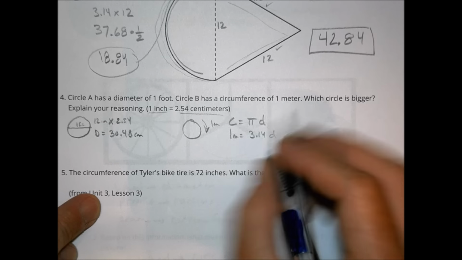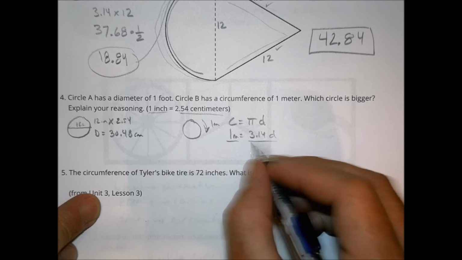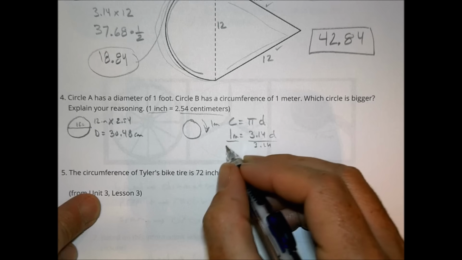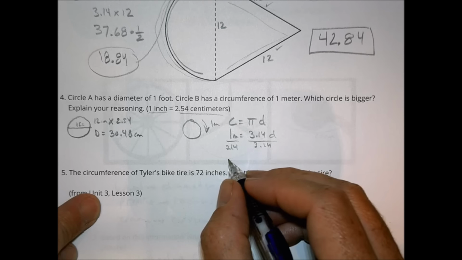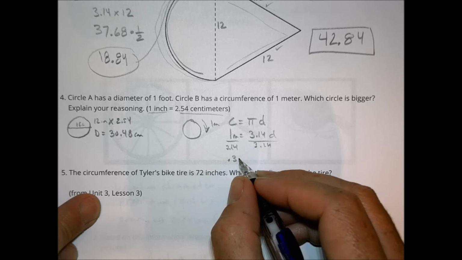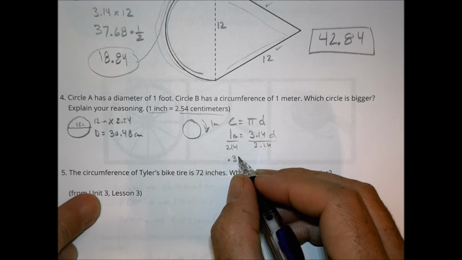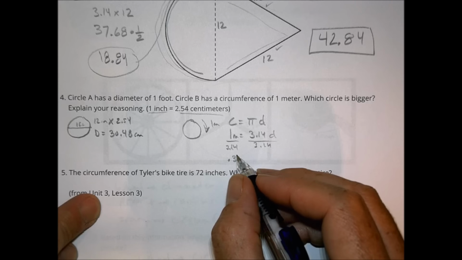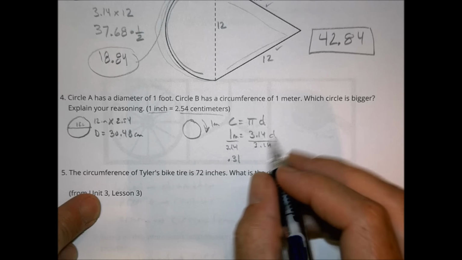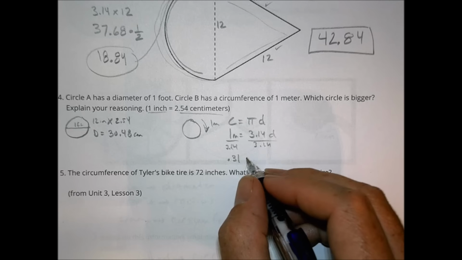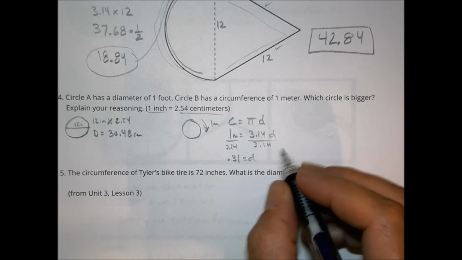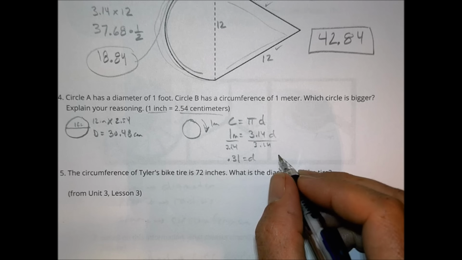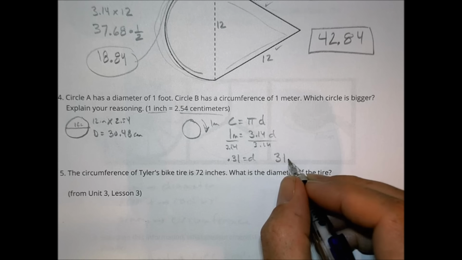If I divide this by 3.14, then what I end up with is 0.31 is equal to the diameter. Now that's meters, so I want to turn it into centimeters. So in terms of centimeters, we would say this is going to be about 31 centimeters.